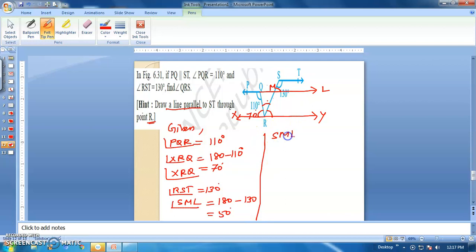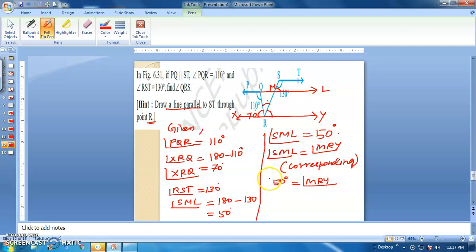So angle SML equal to 50 degrees we found, and angle SML equals angle M or Y because they are corresponding angles. So SML 50 degrees equal to M or Y. Okay, so this M or Y equal to 50 degrees.